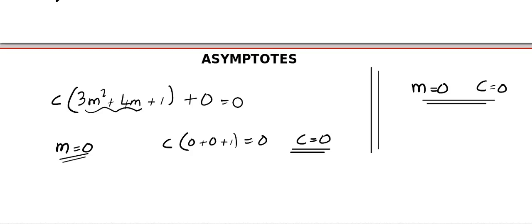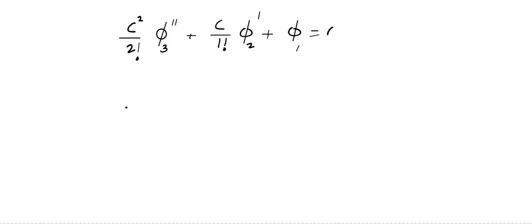And by the way, if you put m equal to minus 1, you won't get anything, because you will simply get 0 plus 0 equal to 0, because if you put minus 1, it's going to be 3 minus 4 plus 1. See, you will get 0 plus 0 equal to 0. So time to write the next equation. The third equation is c square by 2 factorial phi 3 double dash plus c by 1 factorial phi 2 dash plus phi 1 equal to 0.